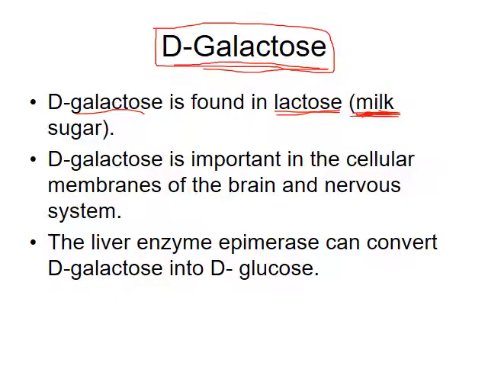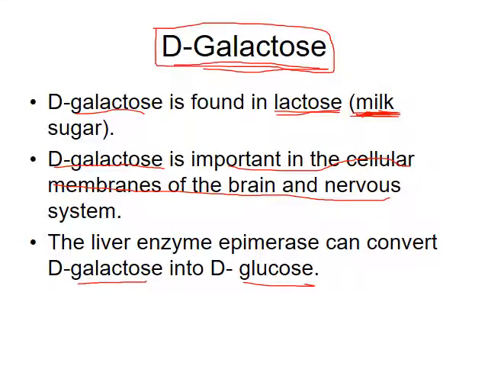Milk has galactose in it. And we'll see in a second how the galactose is actually stored in a molecule called lactose, which we'll get into a little bit. So D-galactose is important in cellular membranes, especially for young people.